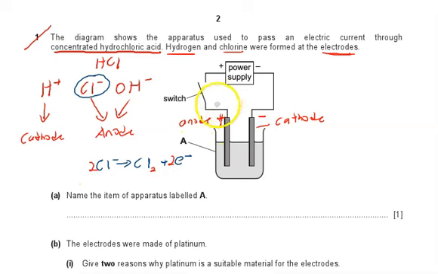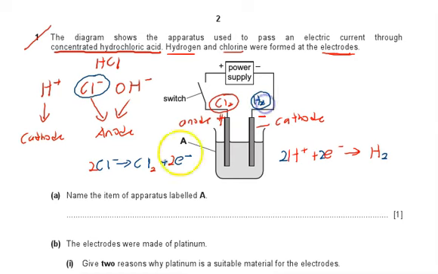So here we have chlorine gas. However, at the cathode, here we have hydrogen. They'll accept one electron to form hydrogen. Due to their instability, they'll form H2. So here we will have hydrogen gas.